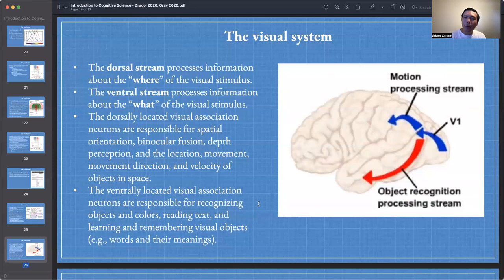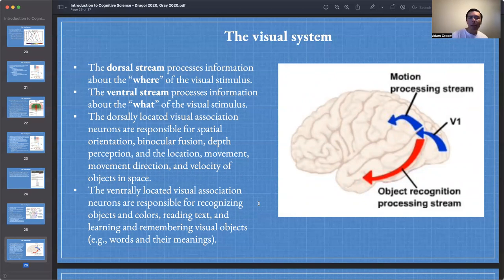The dorsally located visual association neurons are responsible for spatial orientation, binocular fusion, depth perception, and the location, movement direction, and velocity of objects in space. So this is the where system, or where stream.